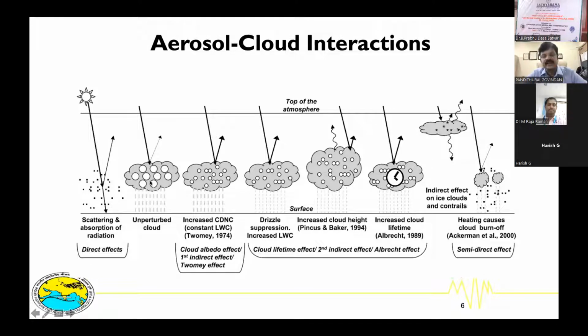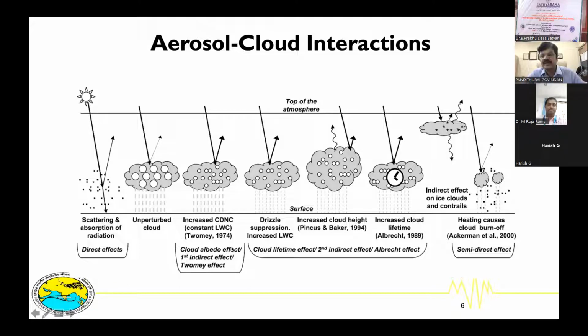Whereas the indirect effect of aerosols is that it can change the cloud microphysical properties. So it can increase the cloud albedo, or it can increase the cloud lifetime, and it can suppress the warm rain initiation processes, because collision coalescence is the predominant process in warm rain initiation, which can get suppressed.